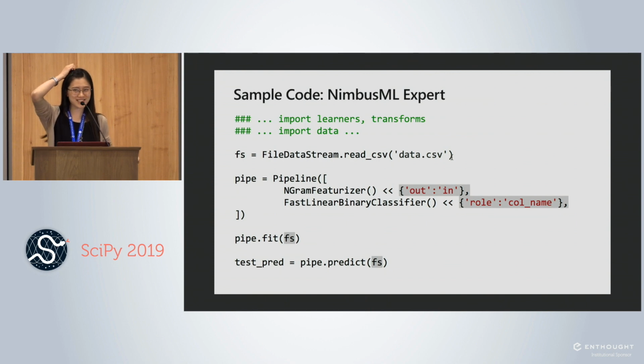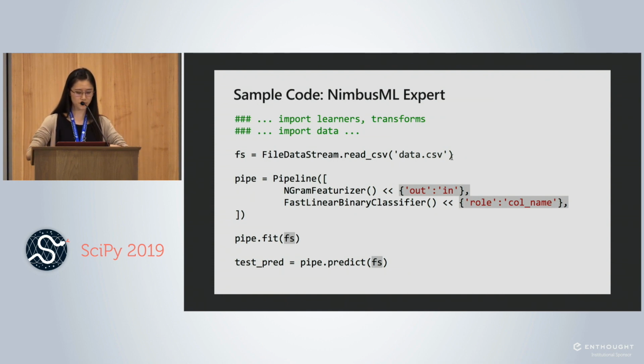I don't really like this in Python, but you can also specify within the quote bracket columns equals in, so that it specifies what are the columns you want to use for this learner. So you can specify the input for this transform, the name of the column, which is in. You can also specify that after this transform, I want the output column to be renamed to out.